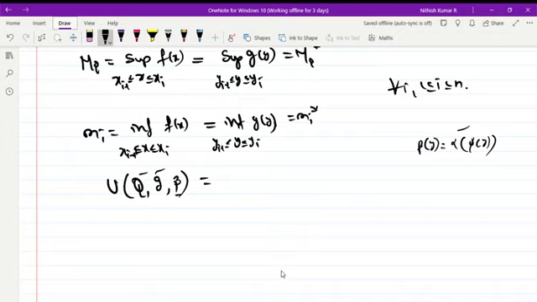Since alpha is monotonically increasing and phi is monotonically increasing, beta is also monotonically increasing. So we are considering U of Q, g, beta.